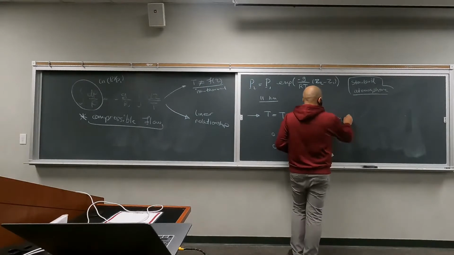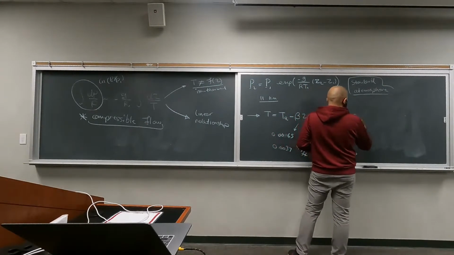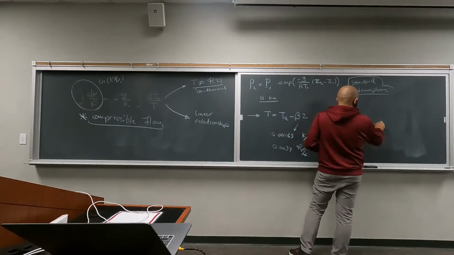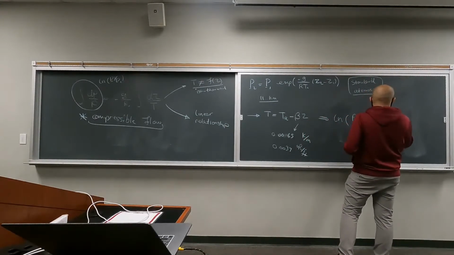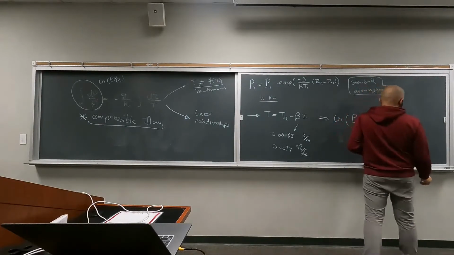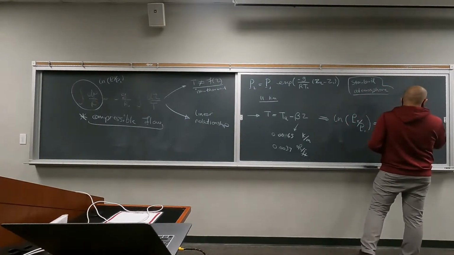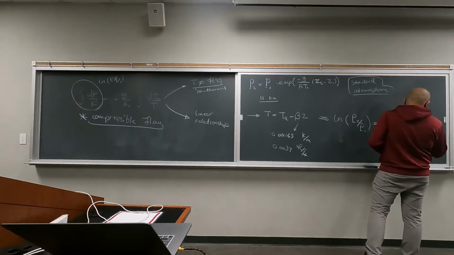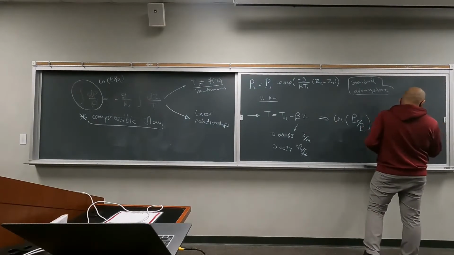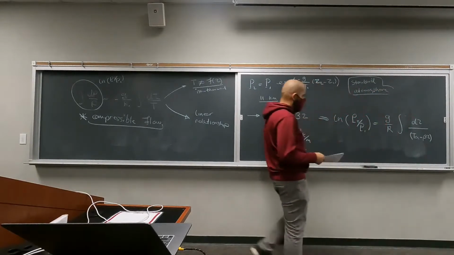We are going to get a natural log of P2 over P1 equals G over R integral of dz over Ta minus beta z.